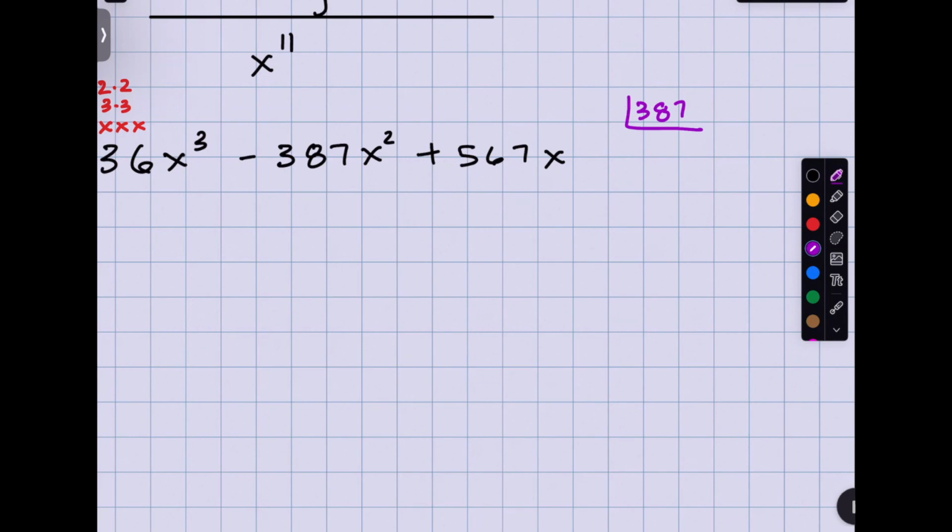Is it divisible by 3? What's 3 plus 8 plus 7? 18. Is 18 divisible by 3? Yes. If 18 is divisible by 3, then 387 is divisible by 3. And how many times is it?